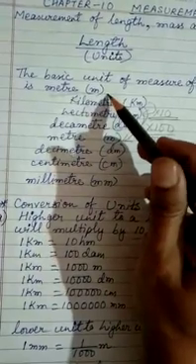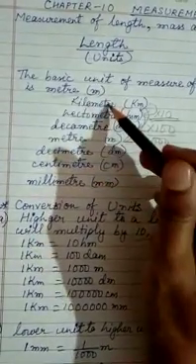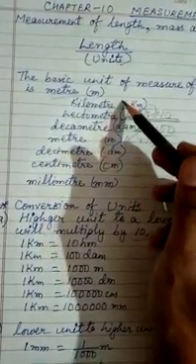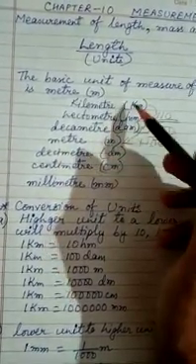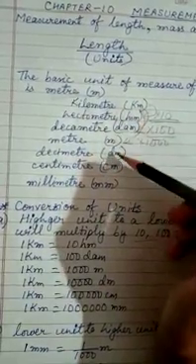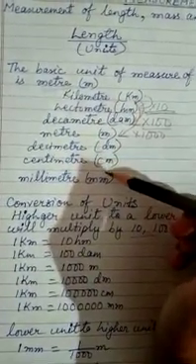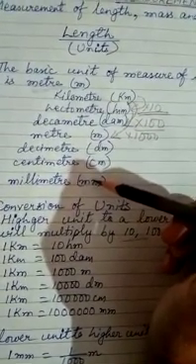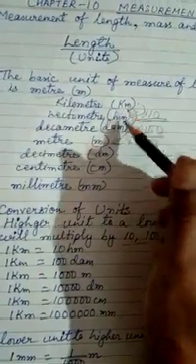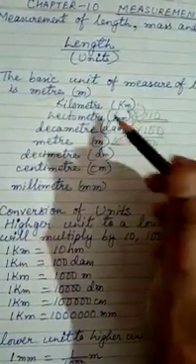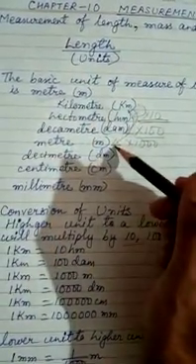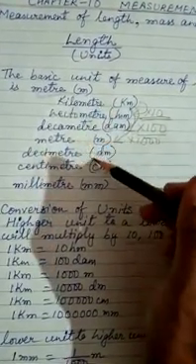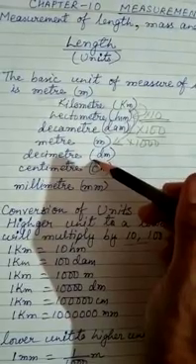So you have to remember this order: milli, centi, deci, deca, hecto, kilo. Once you learn and remember this, then easily you can convert any bigger to smaller or smaller to bigger unit. As there is a gap of 10 between each, 1 kilometer is equal to 1000 meter. 1 kilometer is equal to 10,000 decimeter.